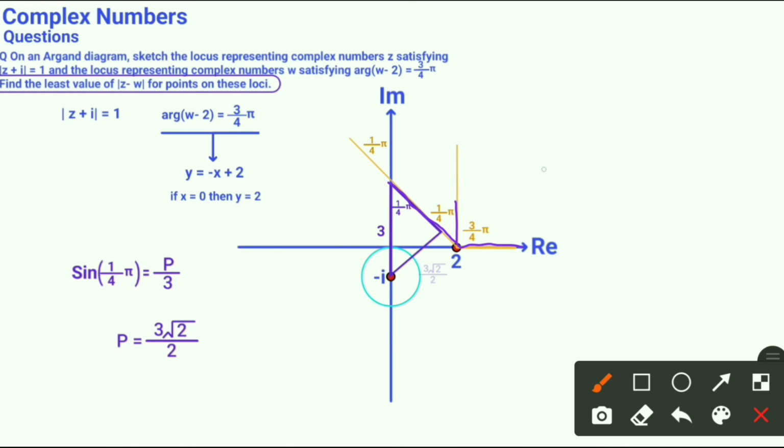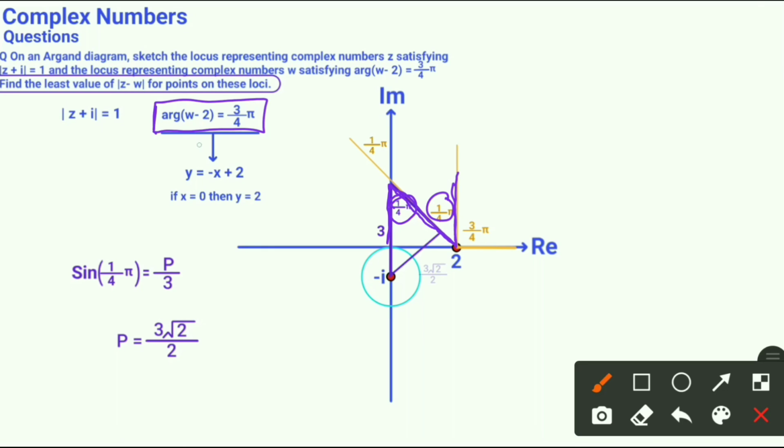So we know that this whole thing is 3 upon 4 pi, but if we take this, then this would be pi upon 2. So 3 upon 4 pi minus pi upon 2 would be 1 upon 4 pi. And since this is becoming a complete z, this angle will be the same in this angle as well.